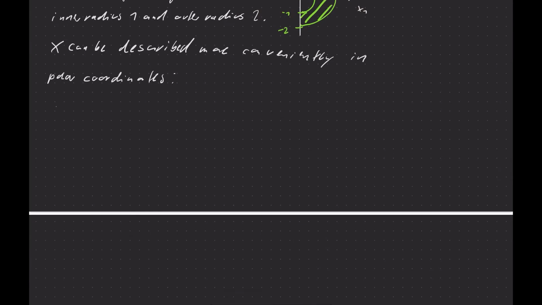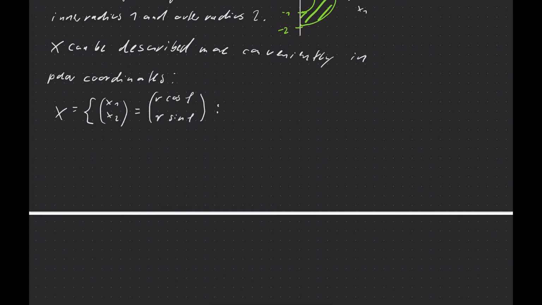So what we have here, if we are going to describe X in terms of polar coordinates, remember if you have polar coordinates r and phi, so a radius and an angle in the plane, then you can compute the corresponding Cartesian coordinates through r times cosine of phi and r times sine of phi.